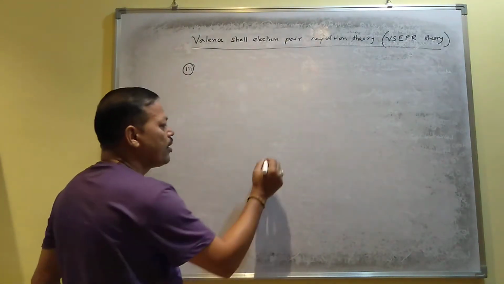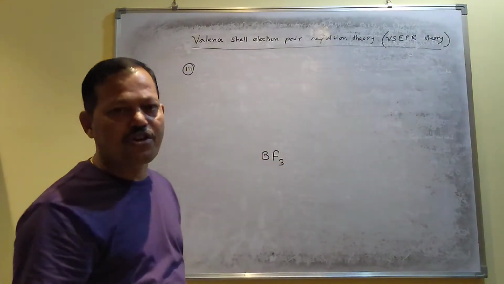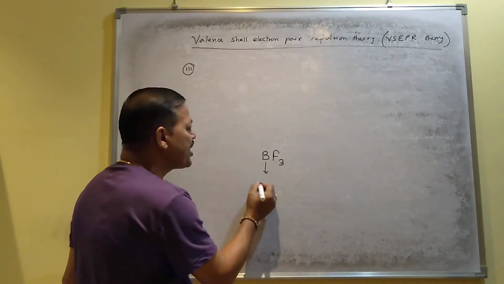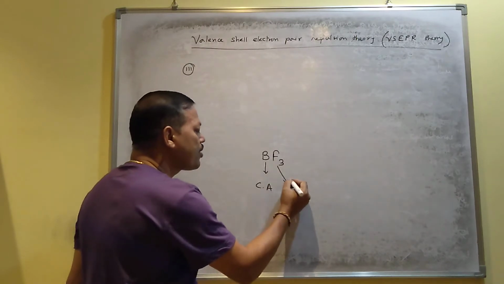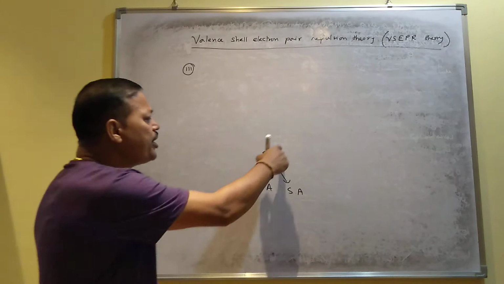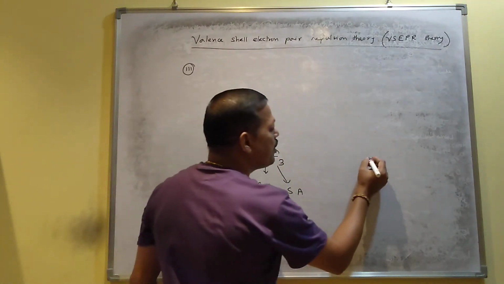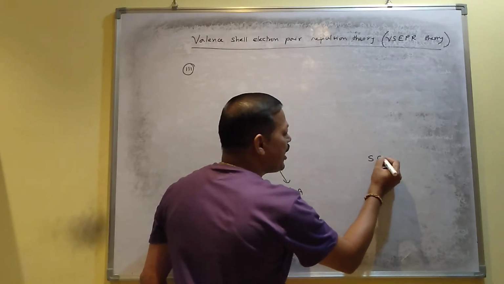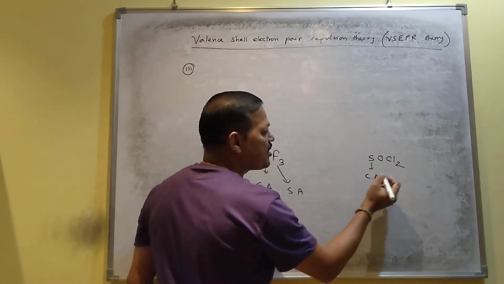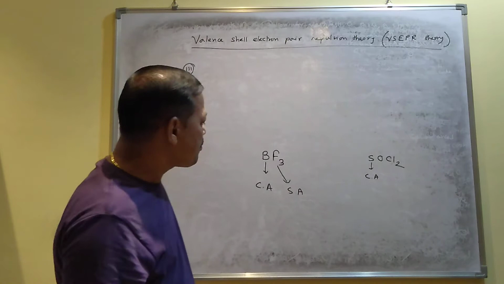For example, let us consider one compound BF3, which is called boron trifluoride. Here who is the central atom? Boron. This is called the central atom, and fluorine are called surrounding atoms. Now here the surrounding atoms are the same, all are fluorine, but there are some molecules, for example, SOCl2, here sulfur is the central atom, these are called surrounding atoms, but the surrounding atoms are different.